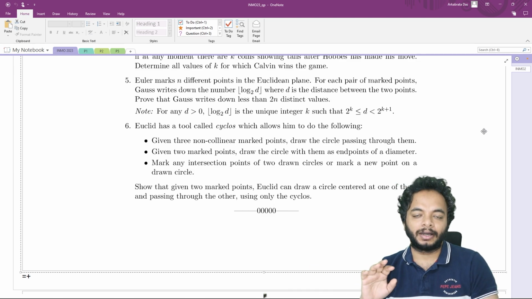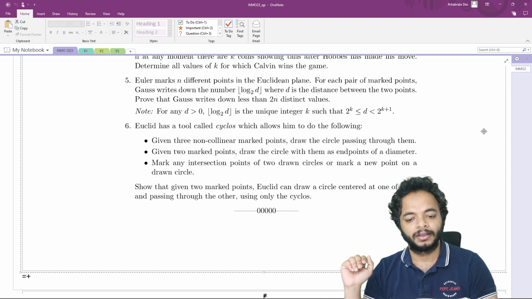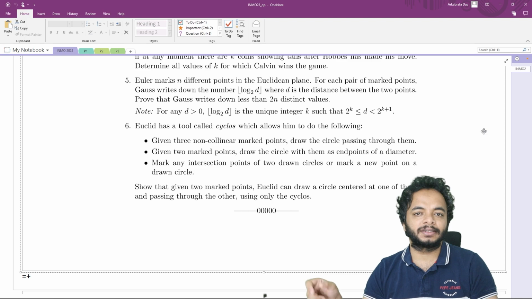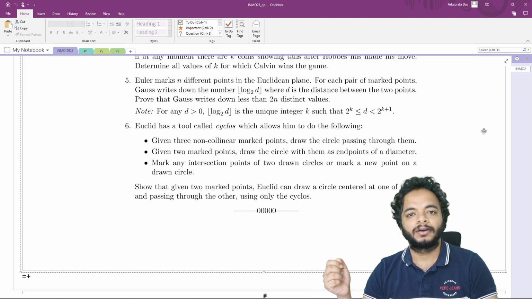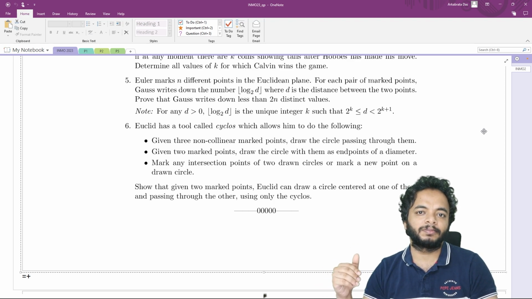So first of all, among these integers, try to work with just the even integers. Whenever Gauss is writing down these even integers, try to see which points are indicating this distance.